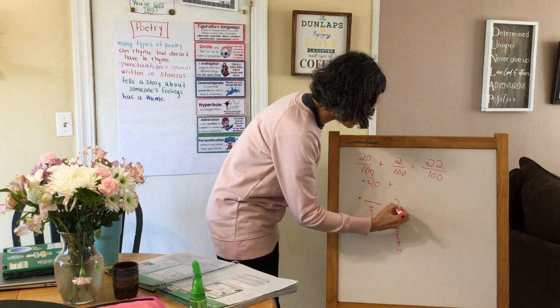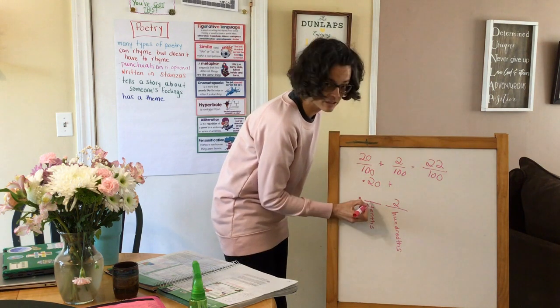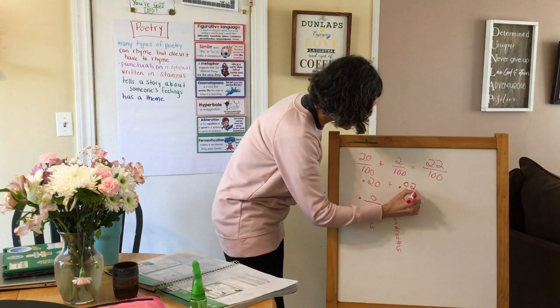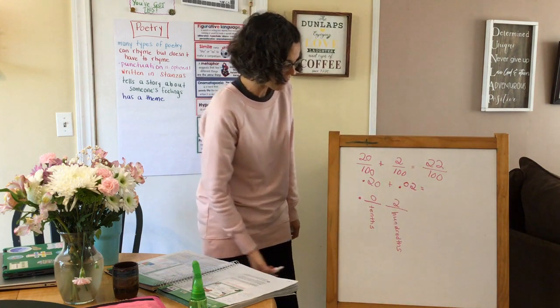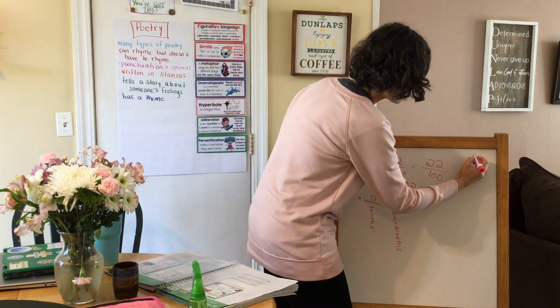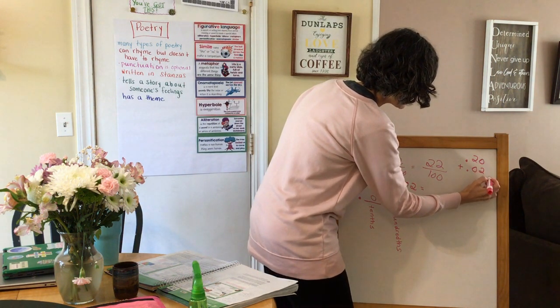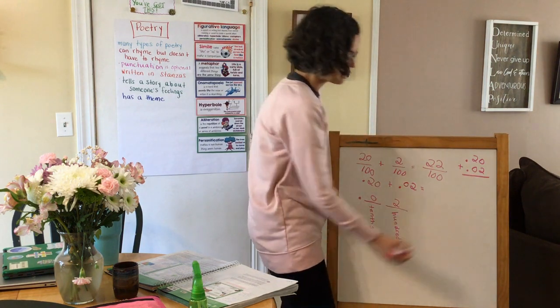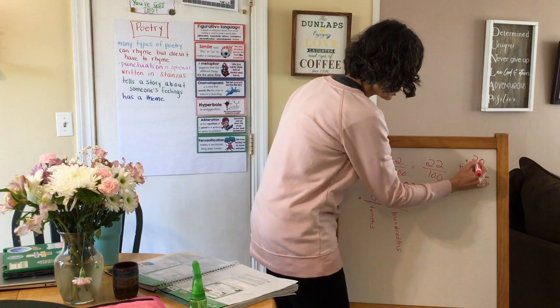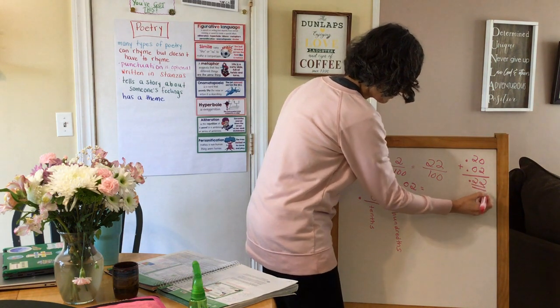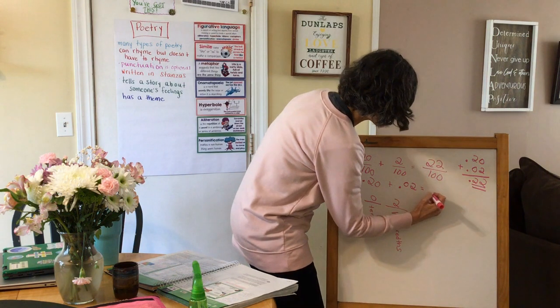So I need to put my 2 here, and what goes here? A 0. So 2 hundredths is going to look like this. When I add those up, watch this. 20 hundredths plus 2 hundredths. Just add them up. 0 plus 2 is 2. 2 plus 0 is 2. Decimal point. I get 22 hundredths.